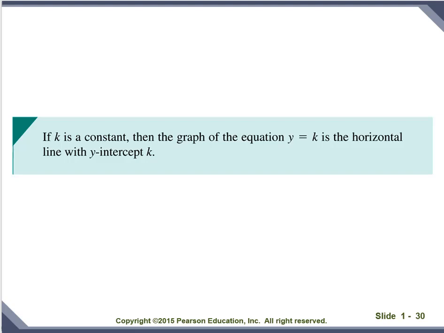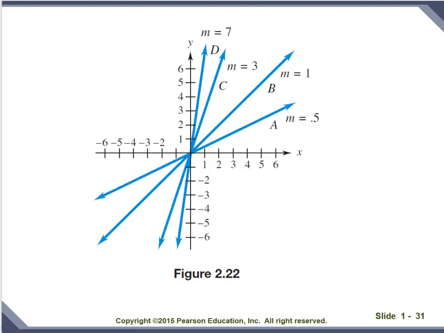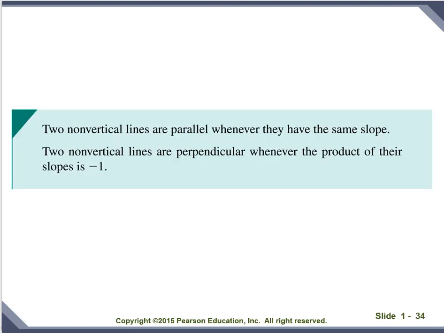If you see something that says y equals k, where k is some number, like y equals 3, or y equals 12, or y equals -2.5, then that is a horizontal line whose y-intercept is k. Any two lines that are not vertical are parallel if they have the same slope. Any two non-vertical lines are perpendicular if the product of their slopes is -1.